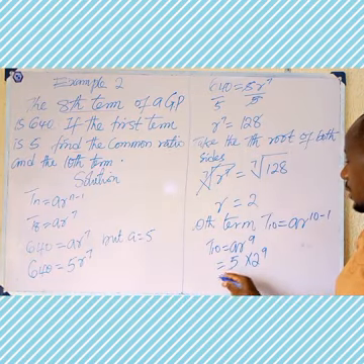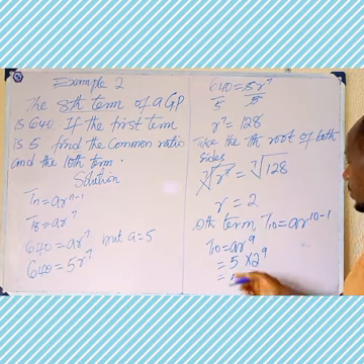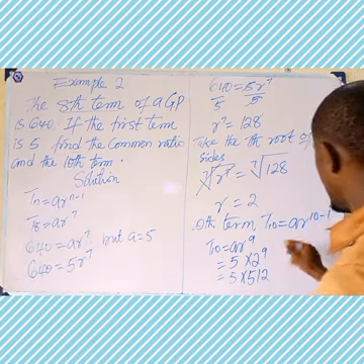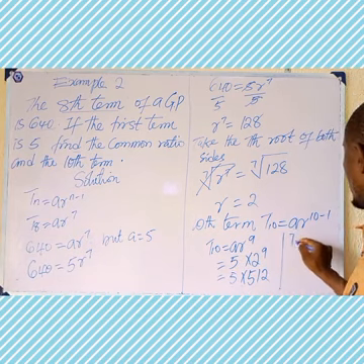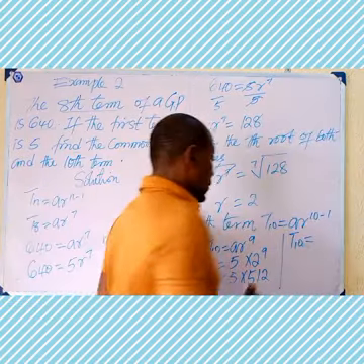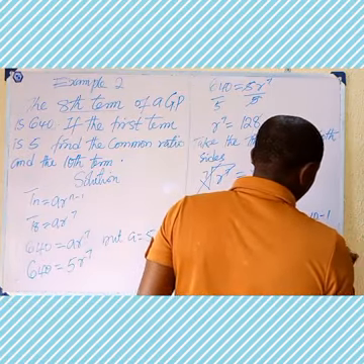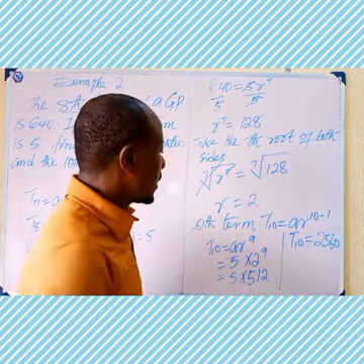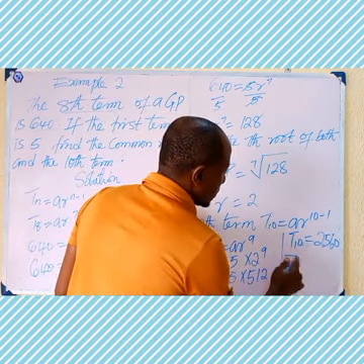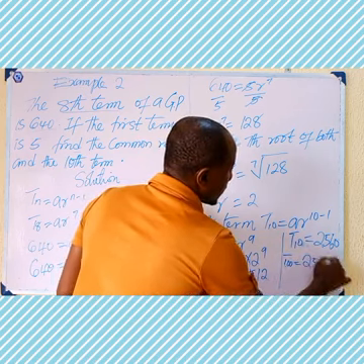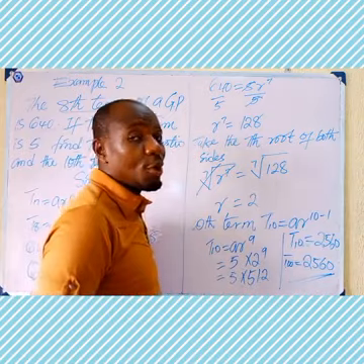So this will give us 5 times 512. So T10 will be 5 times 512, which will give us 2560. So that's our 10th term. So let me write it well. T10 is equal to 2560.